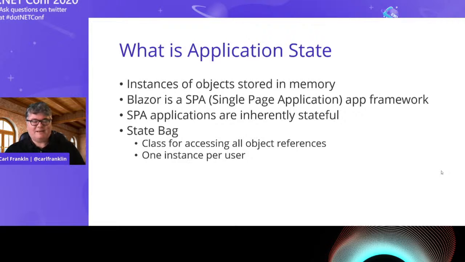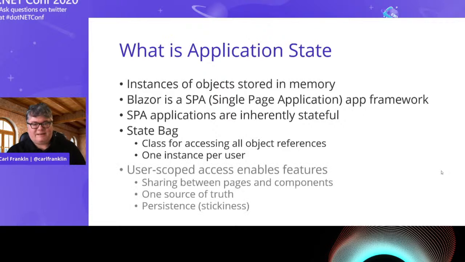A state bag. A state bag is just a class for accessing all the object references that you want in your application. The idea is that you get one instance per user, so one user is not sharing that state bag with another user. Fortunately, in .NET Core, we have these user scope services that we can create.